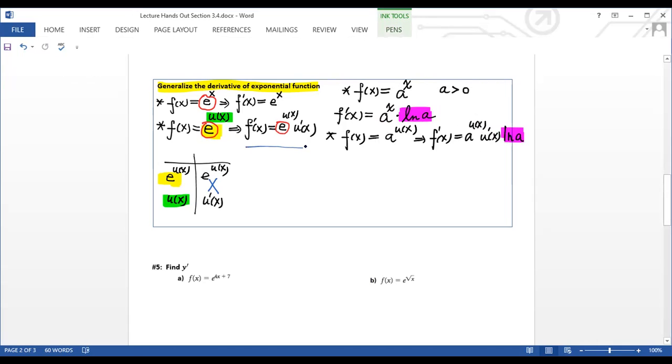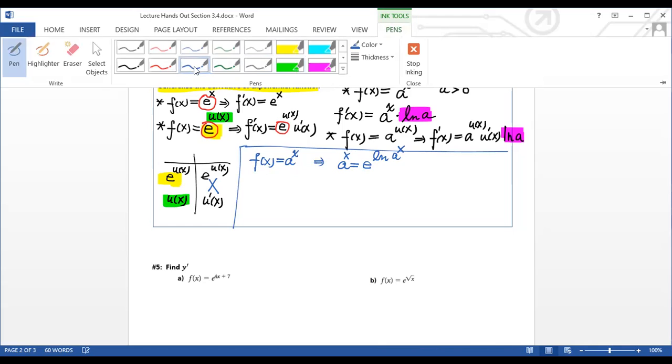Let's use an easy one. Let f of x equal a to the x. I can change a to the x into e to the natural log of a to the x, correct?